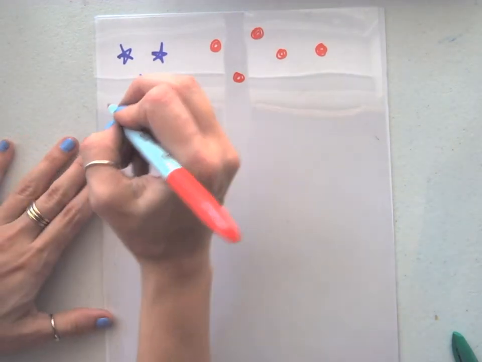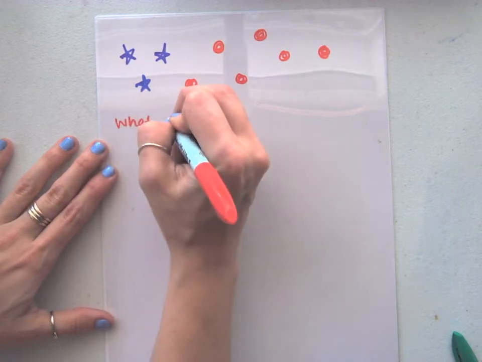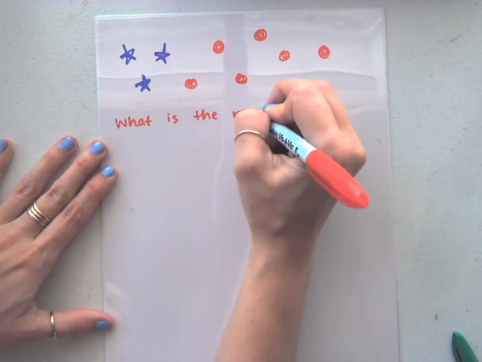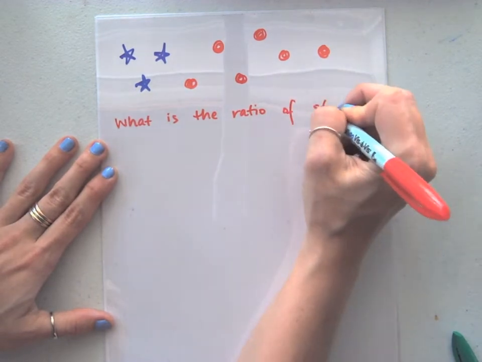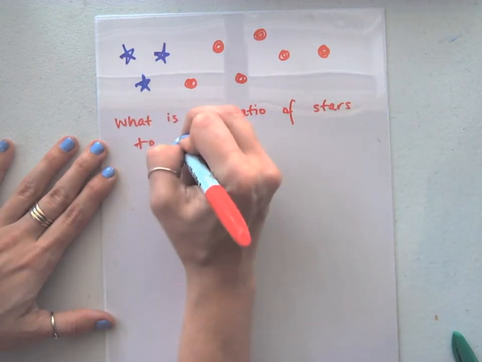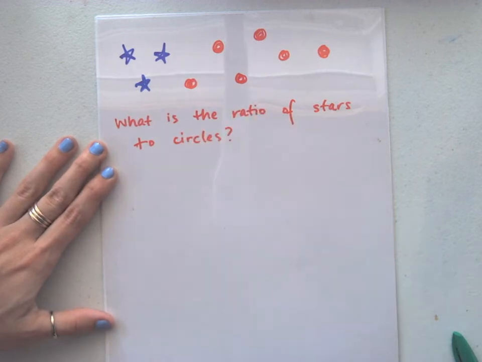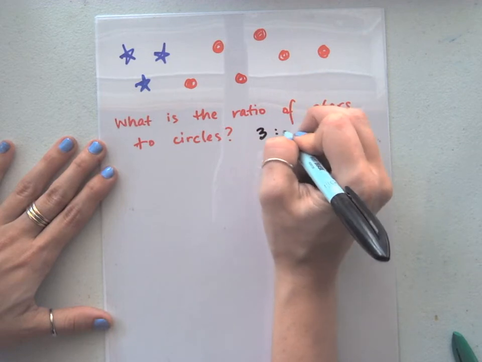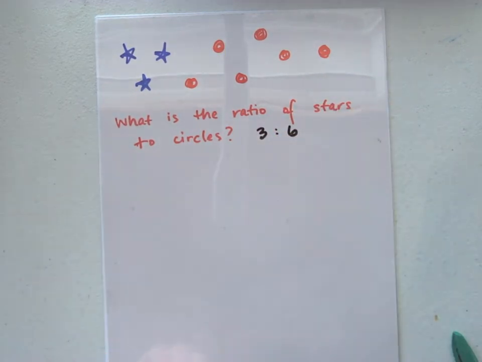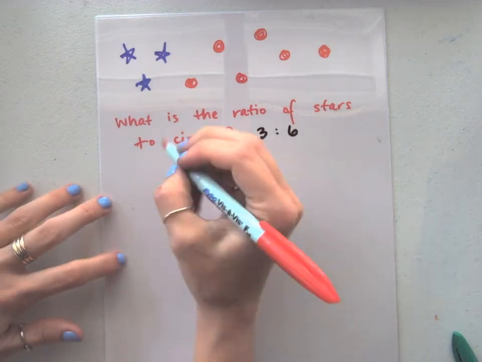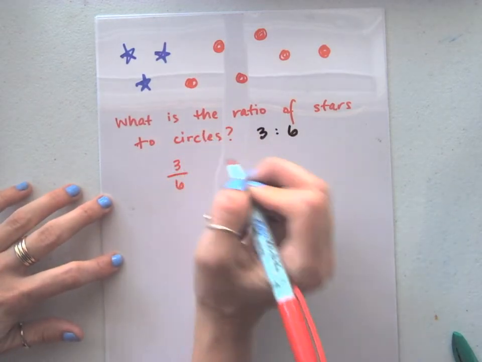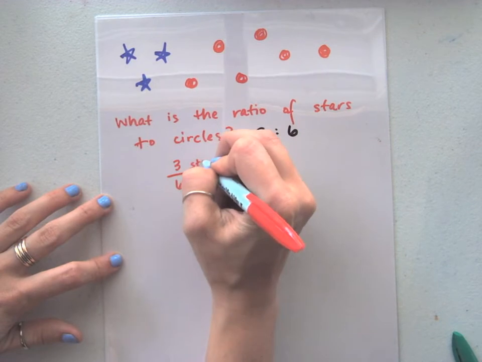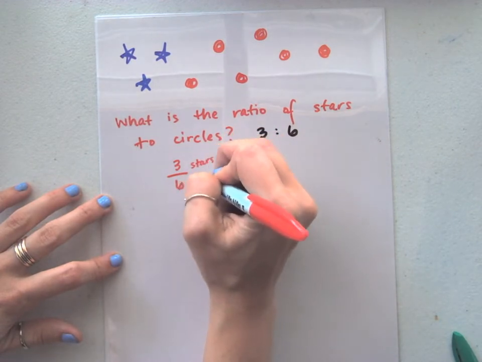So you might see a question that says, what is the ratio of stars to circles? And you would tell me, oh, Miss Herbster, the ratio is 3 to 6. There are 3 stars for every 6 circles. We could also write that as the fraction 3 over 6.